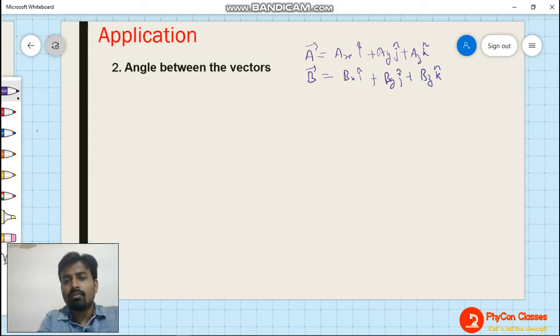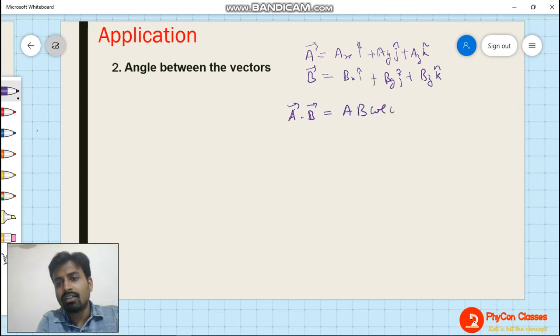Fine. Now as we know, a dot b is defined as ab cos theta. Clear? So cos theta, how can I write cos theta? Cos theta will be written as vector a dot vector b divided by magnitude of a and magnitude of b.